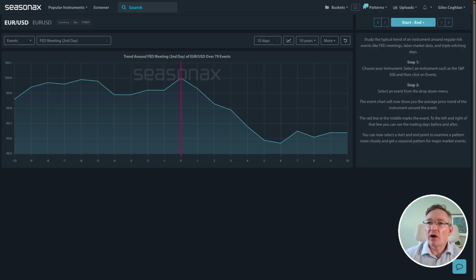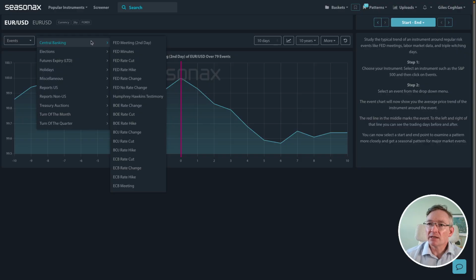So how do you find the best economic events to trade? Well, this is where Seasonax can help. Not every economic release will move the market equally. Some announcements consistently generate significant price movements. Others can barely move the market at all. Using Seasonax's event feature, you can analyze recurring events such as Federal Reserve meetings, Bank of England decisions, ECB meetings, and CPI releases. You can see all those meetings here.